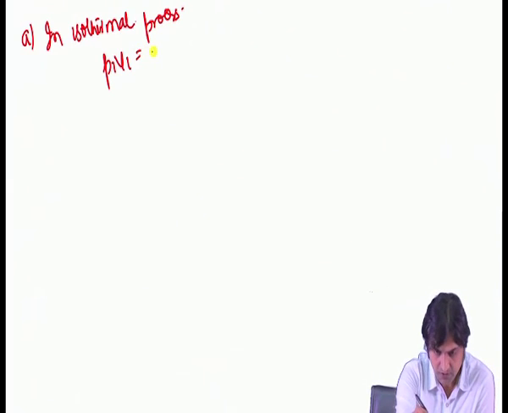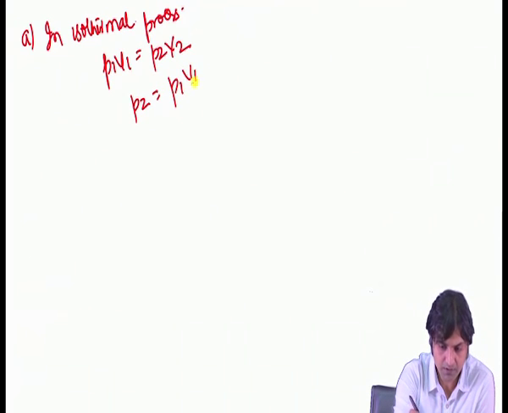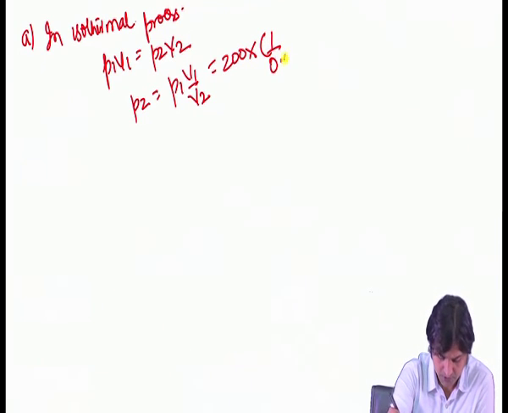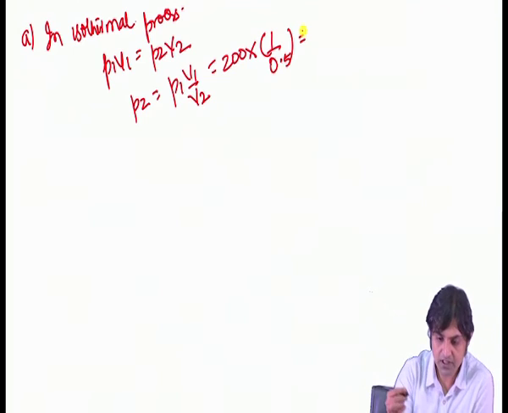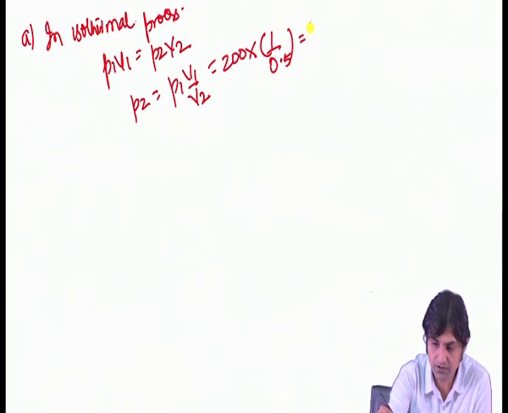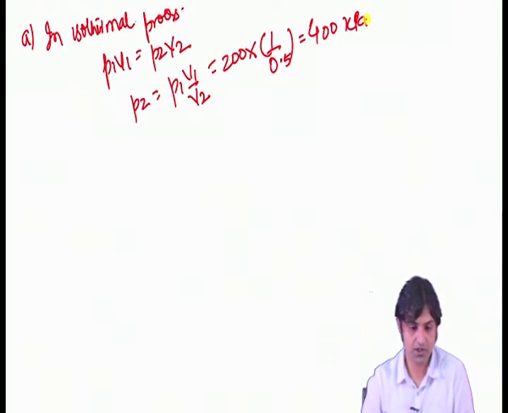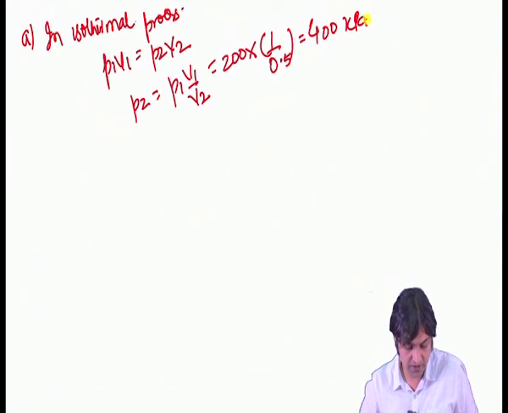P1 V1 is equal to P2 V2, therefore P2 is equal to P1 V1 by V2, or 200 into 1 by 0.5. This is very simple to calculate, and this is 400 kilopascal absolute, right? Because everything is given here.